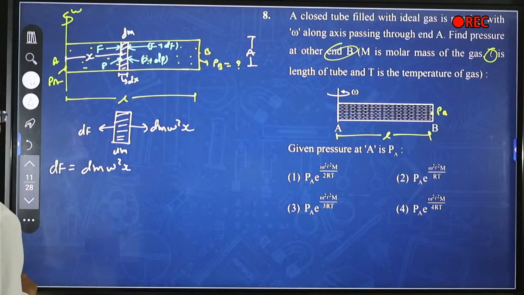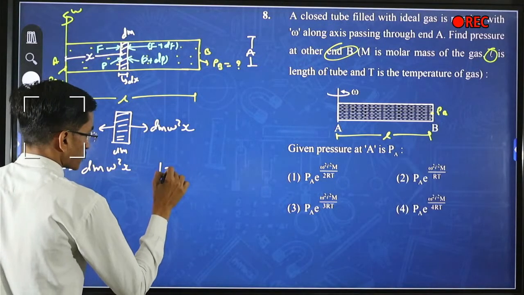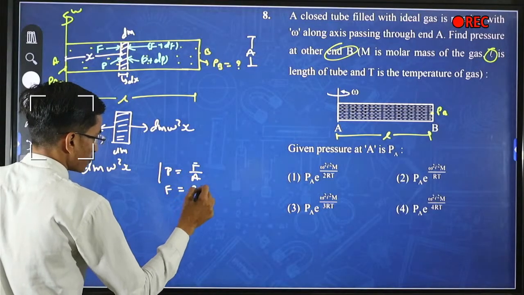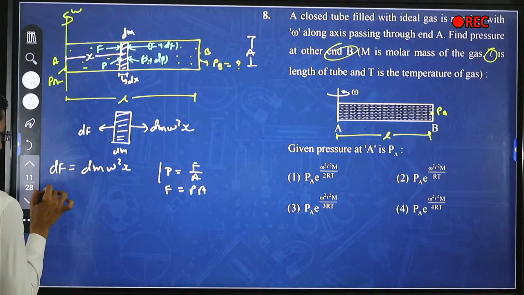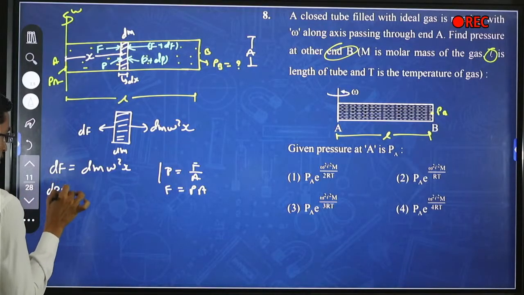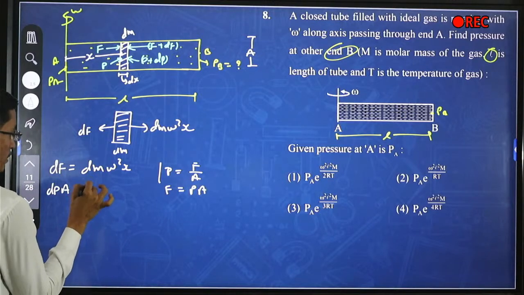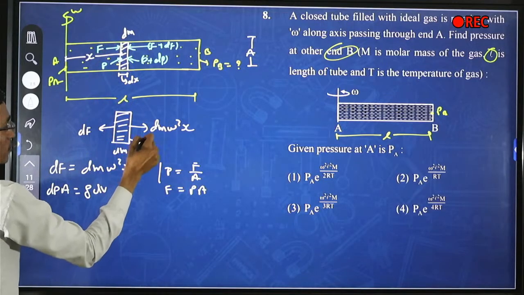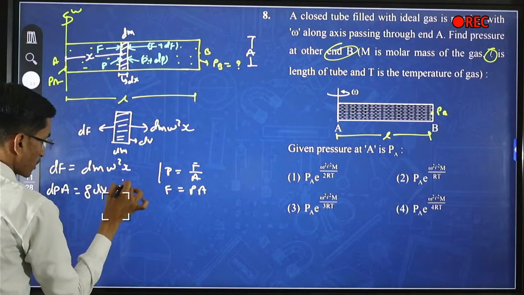So let us put value of dF. We know that pressure is equal to force upon area. So F can be written as pressure into area. So in this case, small dF force can be written as small pressure dP into area. And here dm mass can be written as density into small volume. Let us say that volume of this small element is dV, into omega square x.